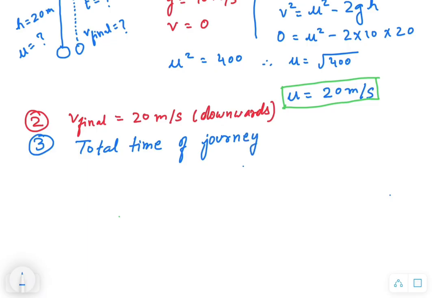Now total time of journey of the ball will be twice the time taken to reach the highest point. Okay, so time to go up plus time to go down. So let's find the time to reach the maximum height.